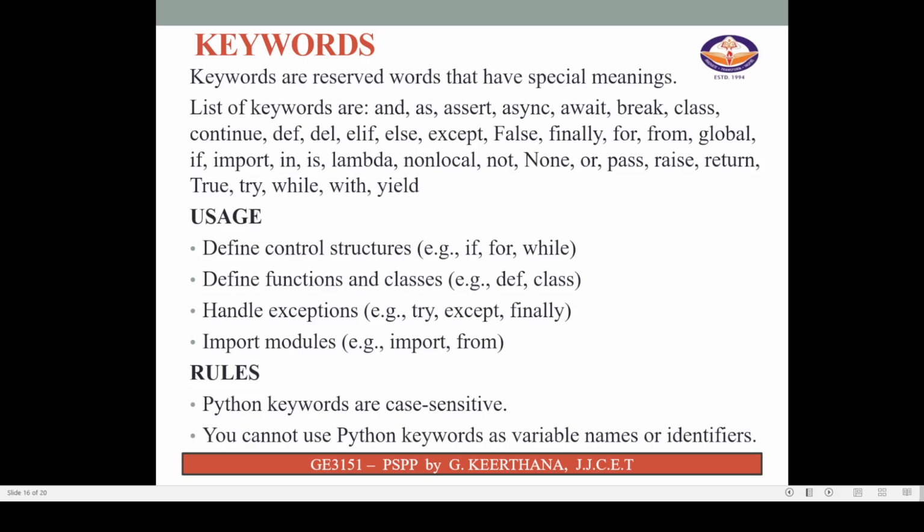While using a function, def, class are used as keywords. While handling exceptions, try, except, finally are the keywords used. While importing a module, import, from keywords are used. Rules for naming keywords. Keywords are case sensitive. You cannot use a Python keyword as a variable name, function name or identifier.